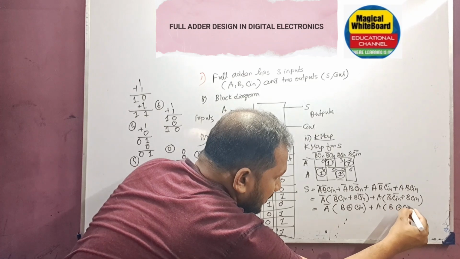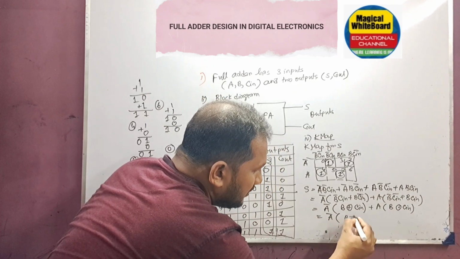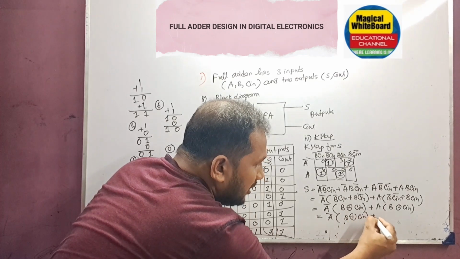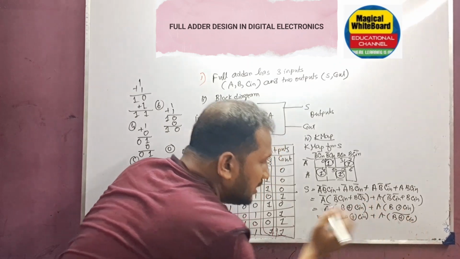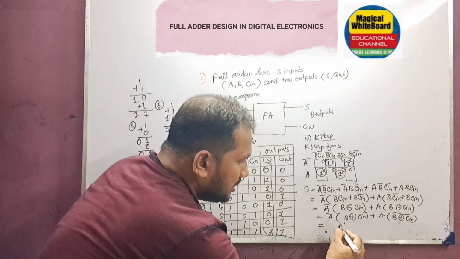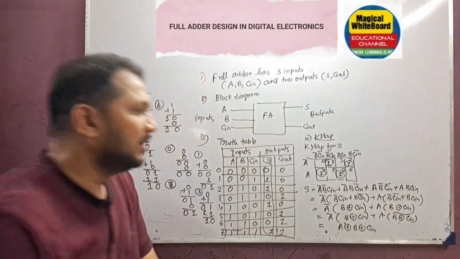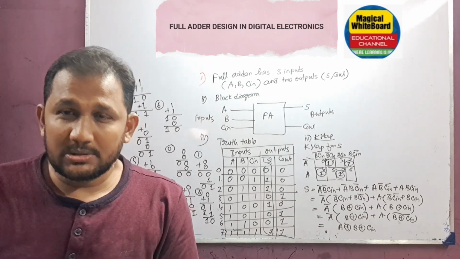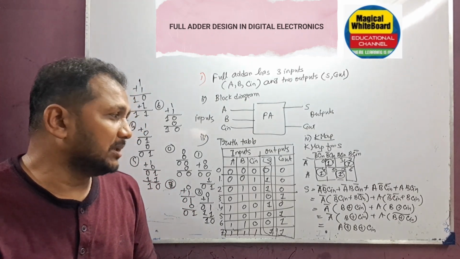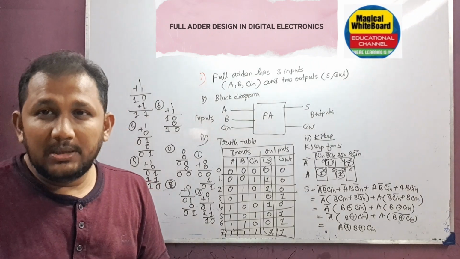Now we know the XNOR is the complement of XOR. So we can perform the complementation of these terms. Now this is again the XOR operation for A, B, and Cin. So this is the sum expression. The Boolean expression for sum is A XOR B XOR Cin.